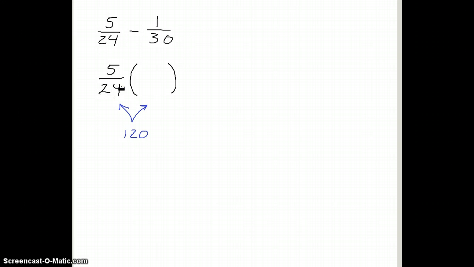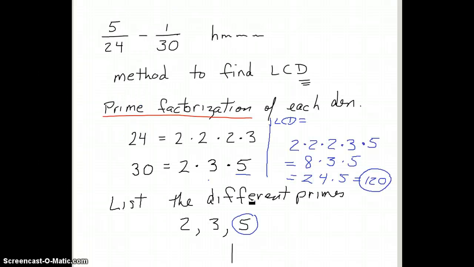I could certainly divide 24 into 120, or I can go back and look at my prime factorizations. So I'm at 24. 24 has a 2, a 2, a 2, and a 3. If I look at my least common denominator, there's a 2, a 2, a 2, a 3, and a 5.